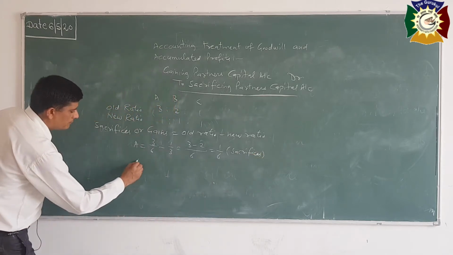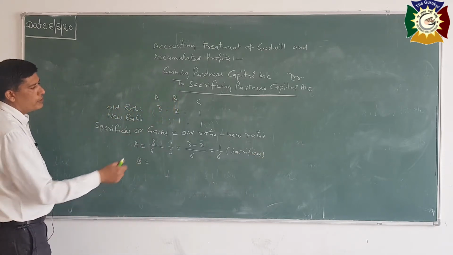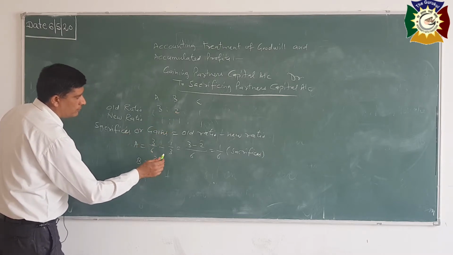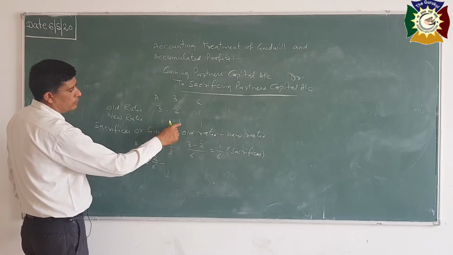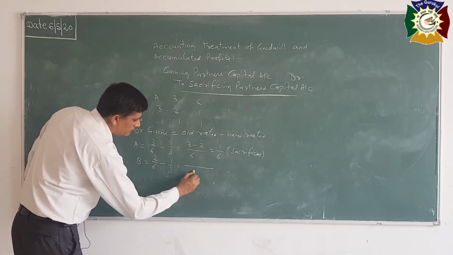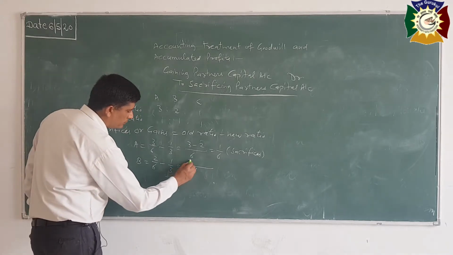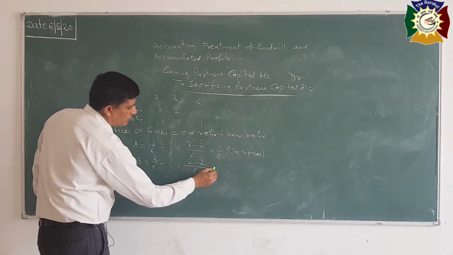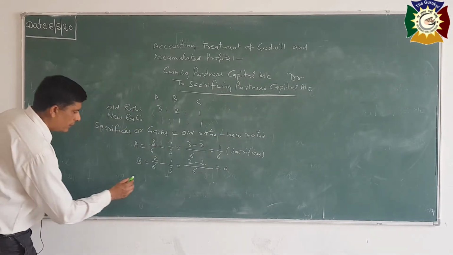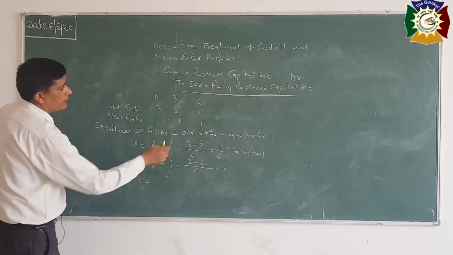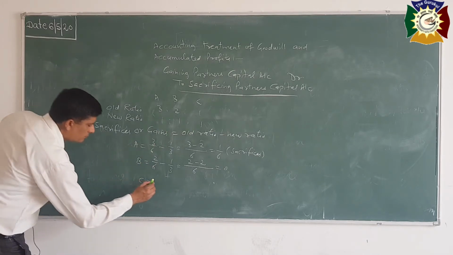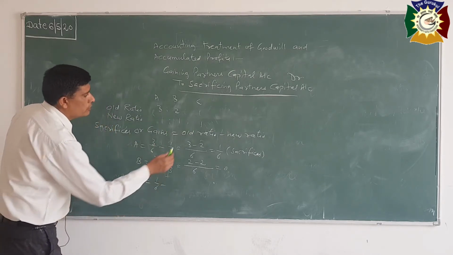Now B's old share is 1 upon total, and new share is 1 by 3. Taking the LCM, the result is 0, which means he neither sacrifices nor gains. And C's old share is 1 upon total, minus new share is 1 upon 3.